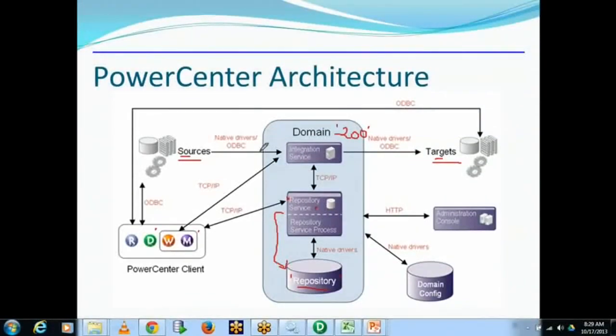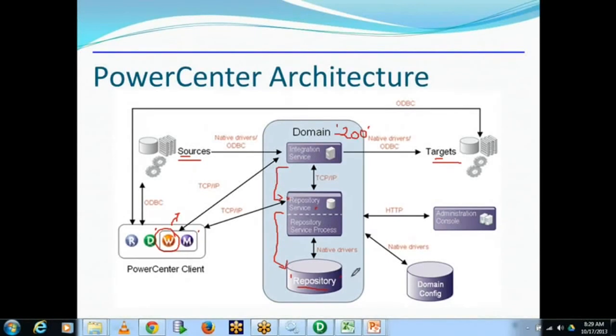Now where does integration service come into picture? Integration service comes into picture when we actually process the data and execute the flow, which is, I created a workflow and I started it. The moment I start it, it gives the command to integration service. Integration service will send the name of the workflow to the repository service, which in turn will send it to the repository.